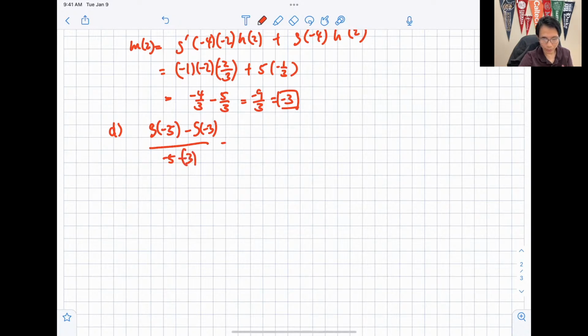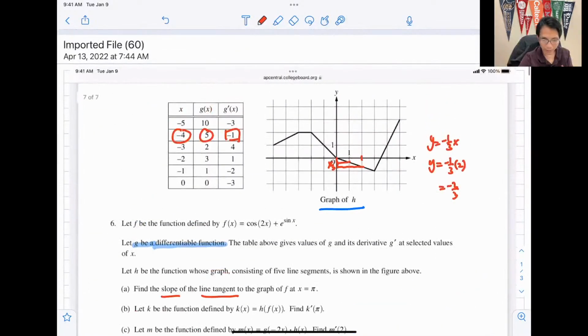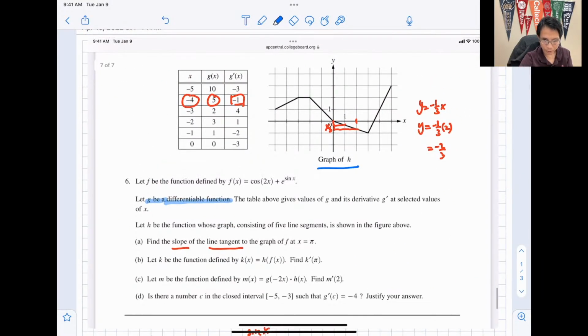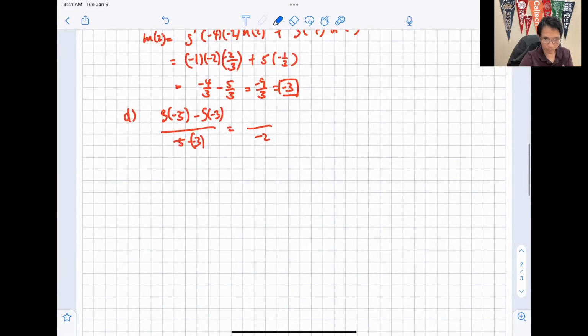And then that's equal to -2 on the bottom. And then on top, I think it's 10 minus 2. So here is 10 and here's 2. So 10 minus 2 is equal to 8. 8 over -2, that's equal to -4. So g prime c is equal to -4.